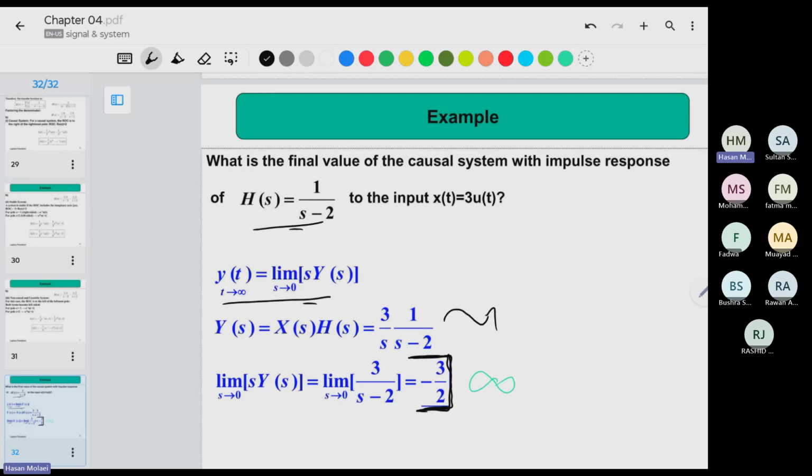The answer is here. Find the Laplace inverse. Okay. Next session, we will see who is able to find the problem.